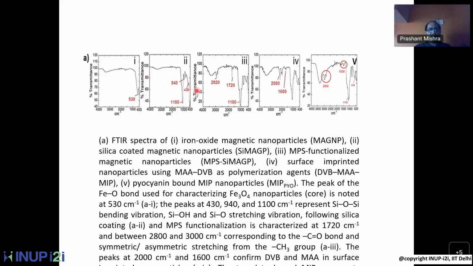You can see those bands. Further, after functionalization, you have a surface imprinting of the molecule. So here you can see surface imprinting. So all those things can be characterized based on the type of bond or type of fingerprint which you have on those materials.